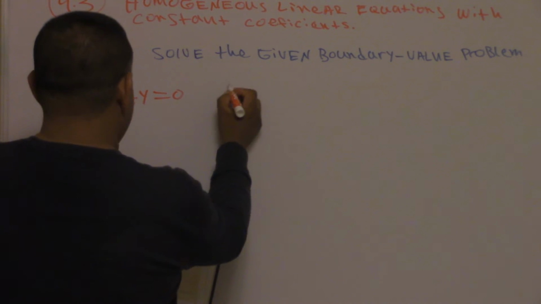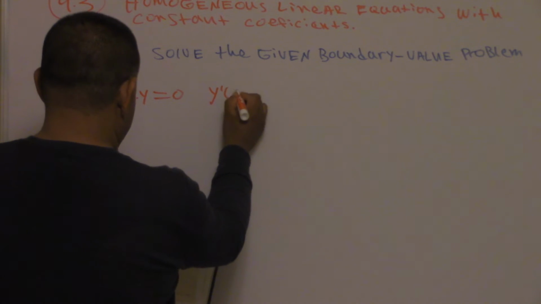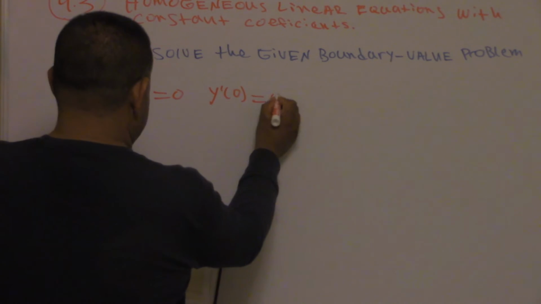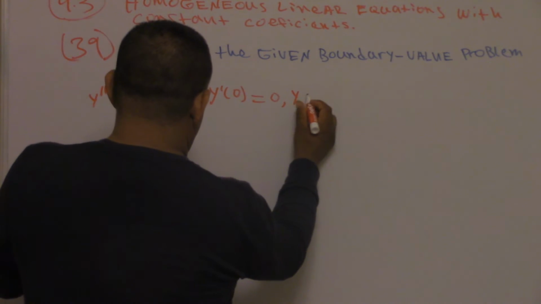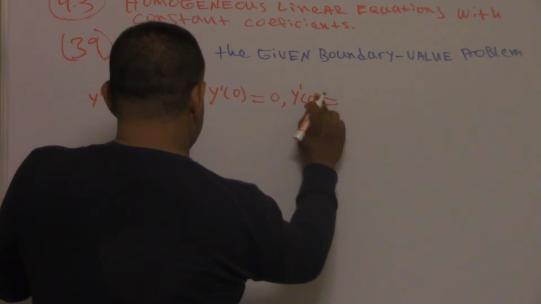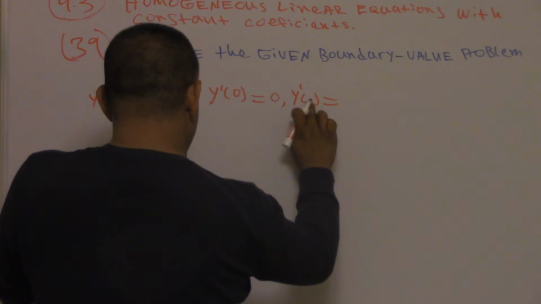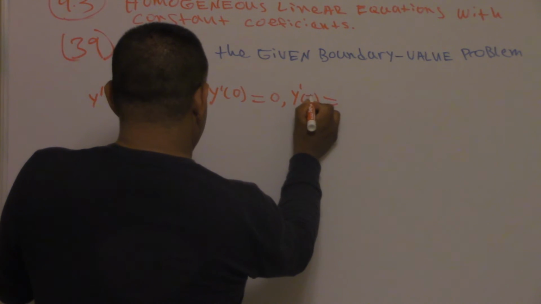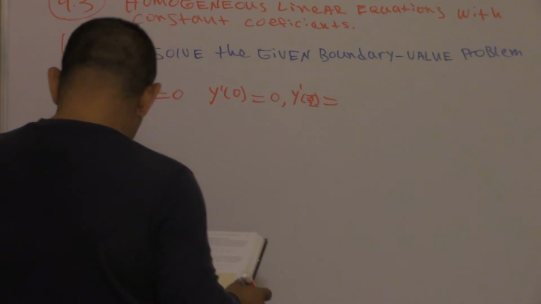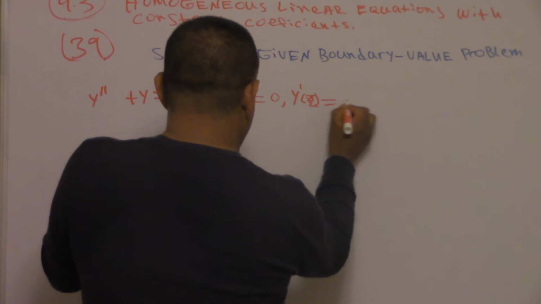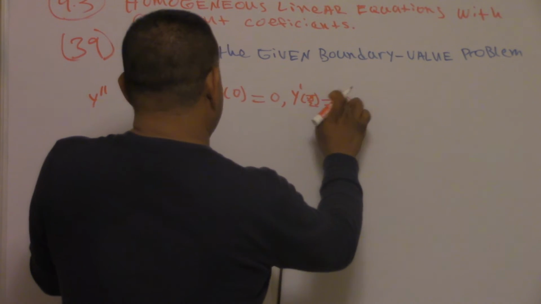And I got y prime of 0 equals 0, and y prime of, this is not 0, this is pi over 2. This is pi over 2, so this is equal to 0.